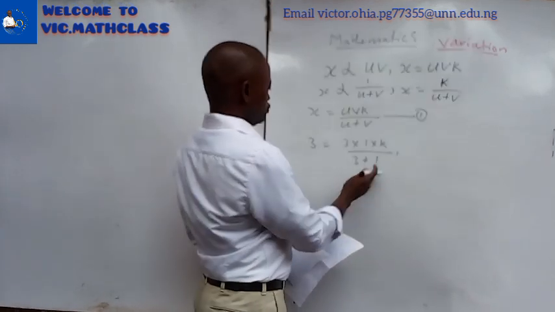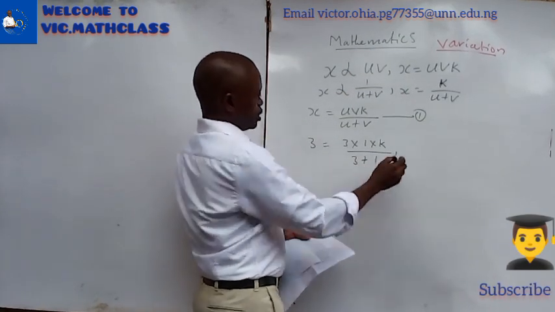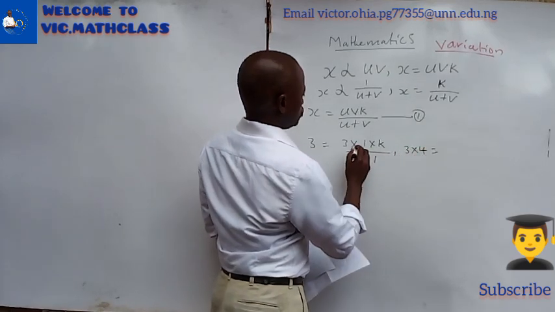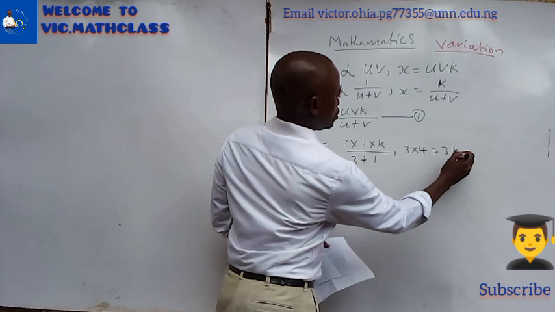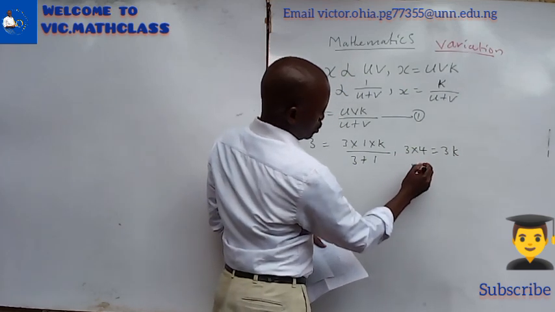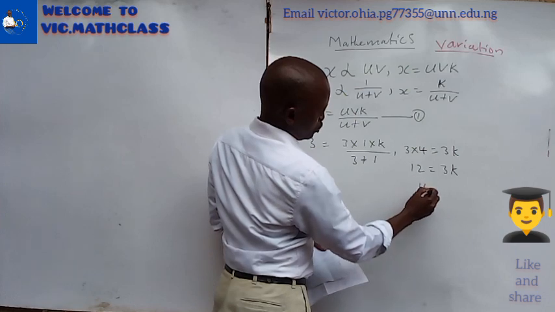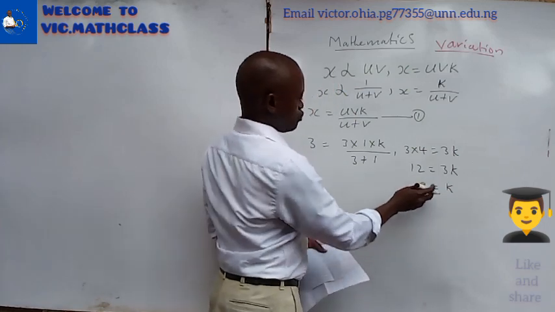So if this is 4, if I cross multiply, I'm going to have 3 times 4 equals 3 times k, which is 3k. So obviously this is 12 equals 3k. If you divide both sides by 3, you have k equals 4.